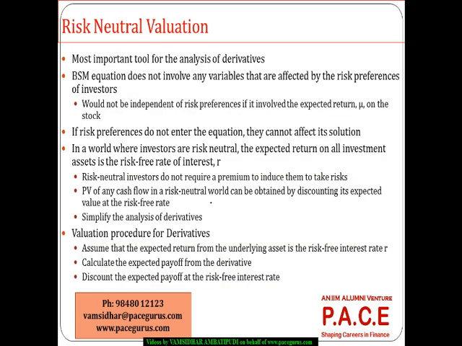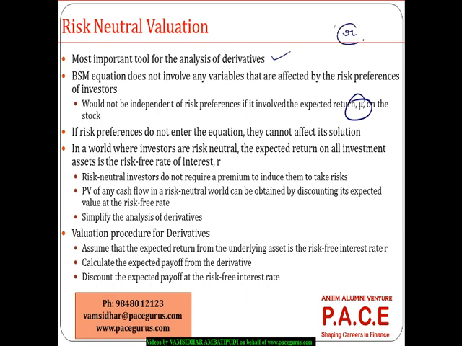Then, moving forward, understanding the risk neutral valuation which we have done earlier. It's an important tool for the analysis of derivatives and the Black-Scholes-Merton equation. Now, this is the interesting part. Whatever equation we have got earlier, there is nothing to do with mu in that.